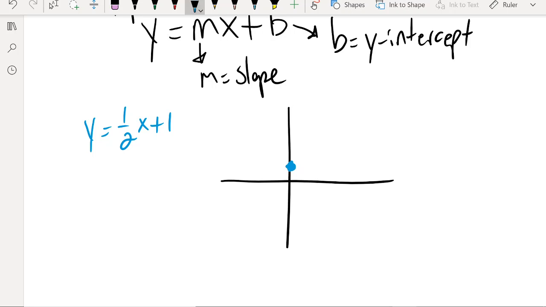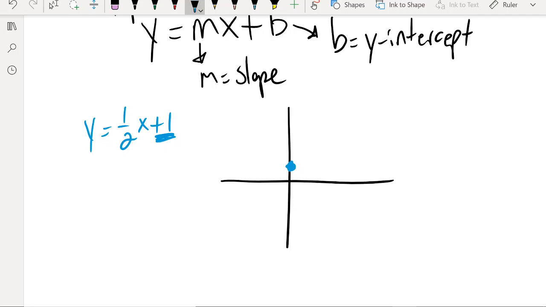I didn't start with the 1/2. The 1/2 is the slope. The slope tells us how slanted the line is. It doesn't tell us where to start or where there's already a point on the graph. The y-intercept does that, which is the 1.